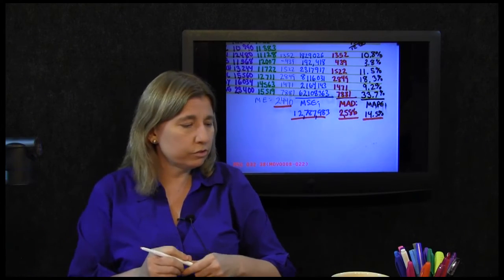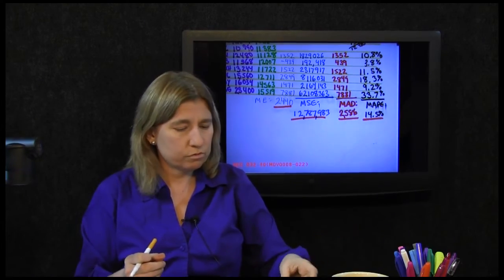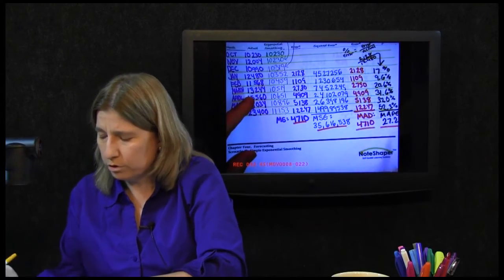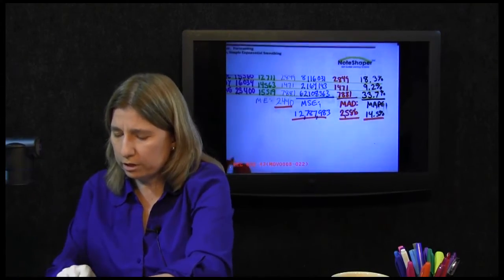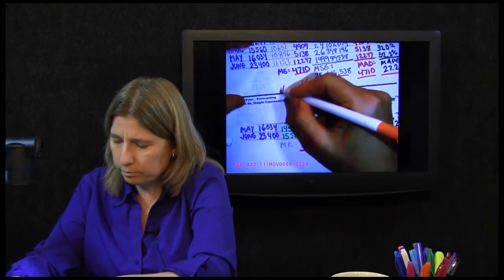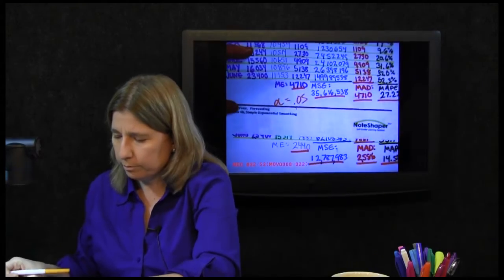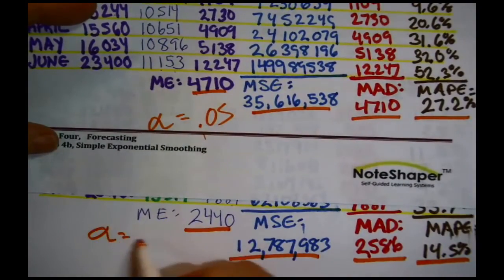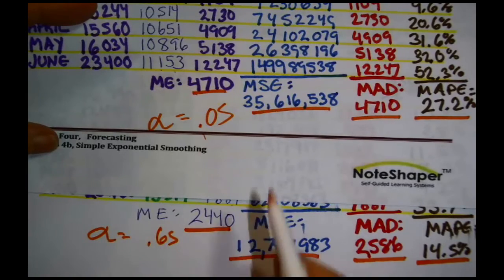We were asked how these two techniques are performing. And this is one thing that I can do: this is 0.05 that we're looking at here. This is alpha equal 0.65. I notice that the mean error is smaller.